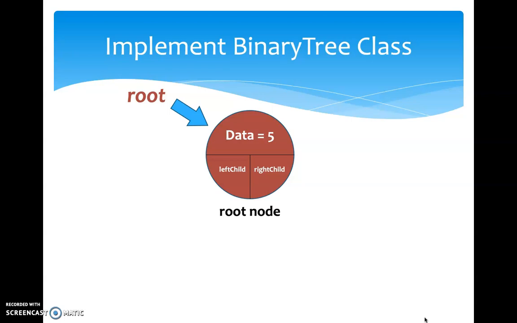In this hands-on practice, we define the addRecursive method in the binary tree class as a private method, which indicates that we can only call the addRecursive method in the binary tree class. Contrarily, we define the add method in the binary tree class as a public method, which indicates that we can call the add method from other classes.